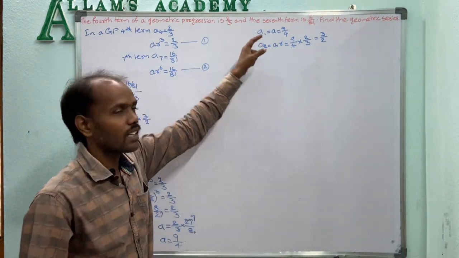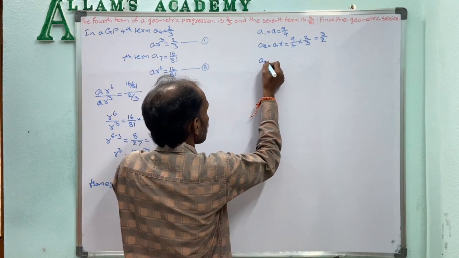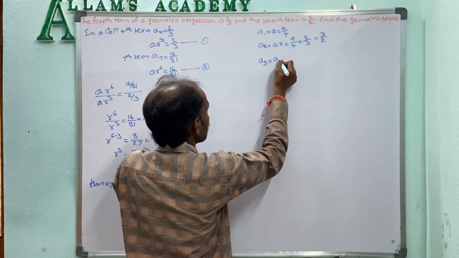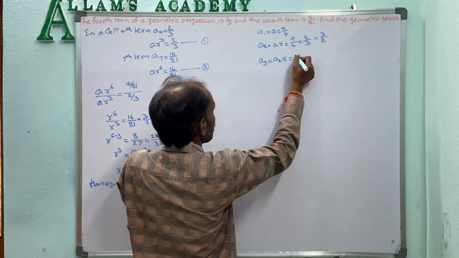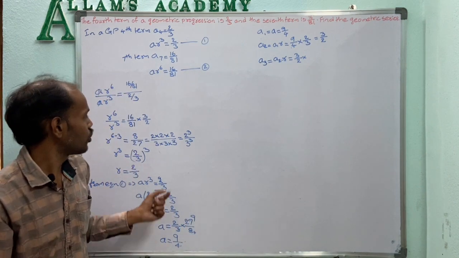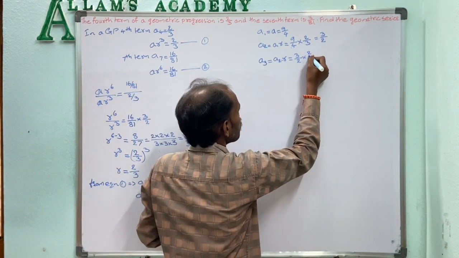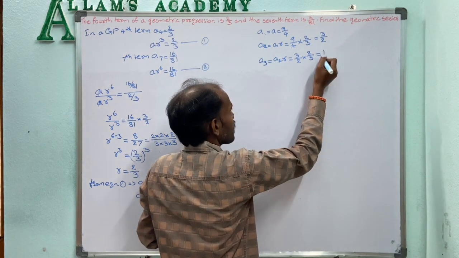So the second term is 3/2. Now the third term a3 is a2 times r, that is 3/2 times 2/3, which is 1.